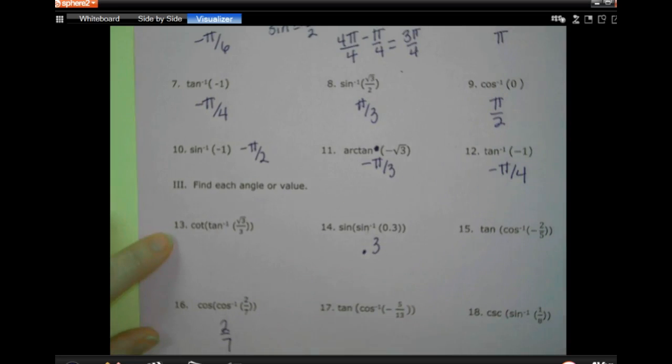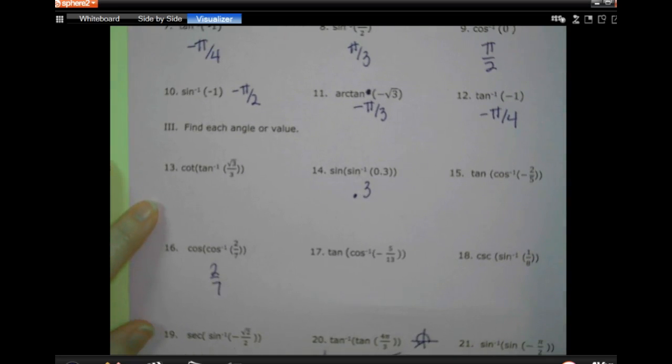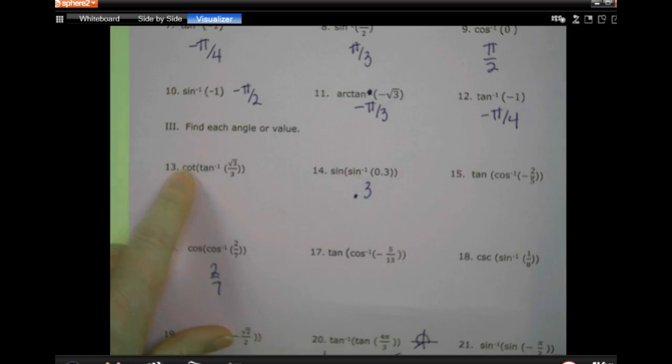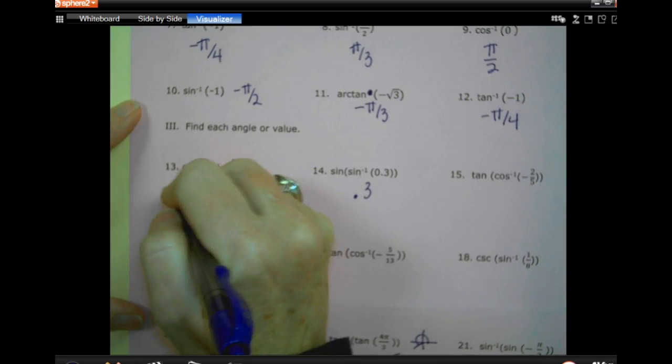I want to go back to number 13. So this is another one, we want to cancel it, right? Except they're not exactly the same, but the cotangent is the reciprocal, right? So we can cancel them, but we have to do the reciprocal of what's inside. So this would be 3 over the square root of 3.